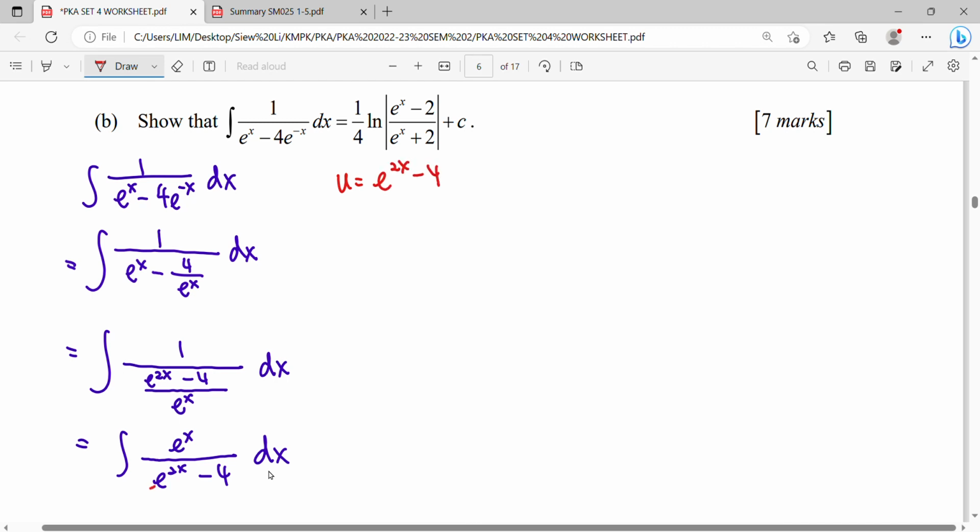So this part is substituted by u. Then the rest of it, what do you substitute for e^x? What do you substitute for dx?